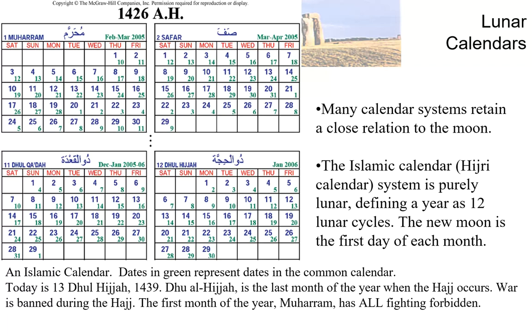I found it interesting that war is banned during the Hajj. So for the last 3 days, there should have been no war with Islamic people. And the first month of the year, coming up in another 2 weeks, no fighting of any kind is allowed during that month. If there's any terrorist activity, any fighting in Syria, you know that they're not obeying Islamic law.